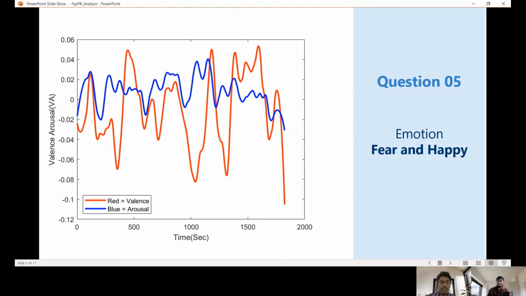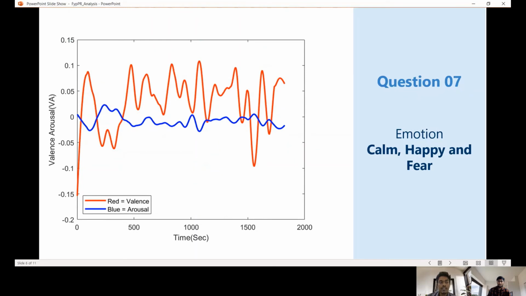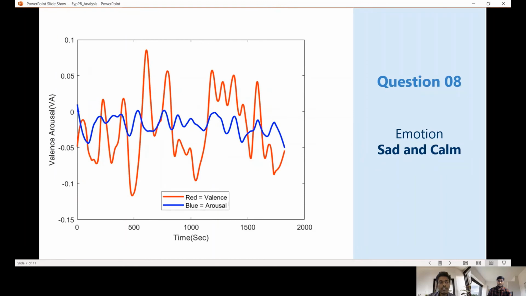At the same time, it has a positive valence and positive arousal signal. According to this signal, she has both fear and happy emotion. For question 7, the signal of the subject shows calm, happy, and fear emotion. Mostly the signal shows positive valence and positive arousal. For question 8, the subject showed sad and calm emotion.